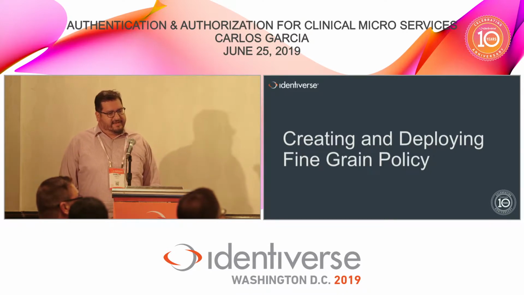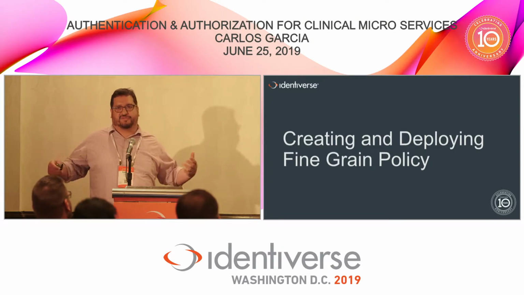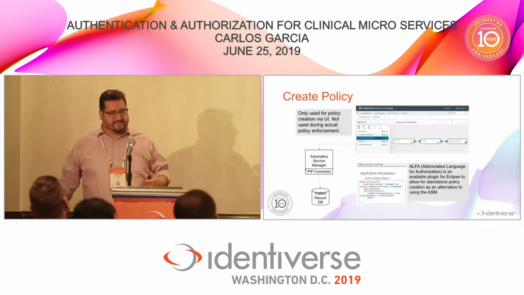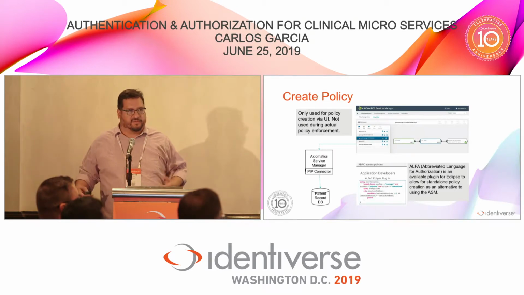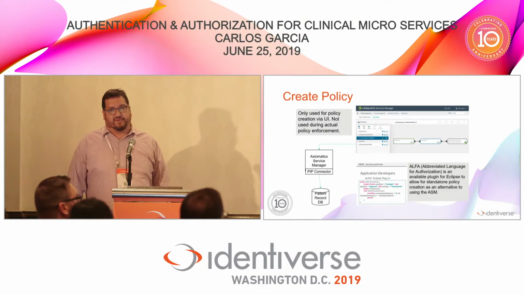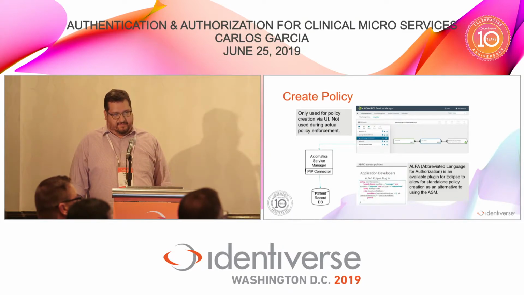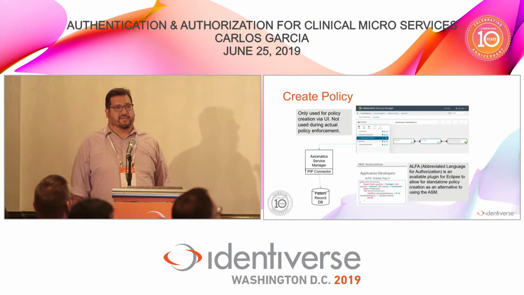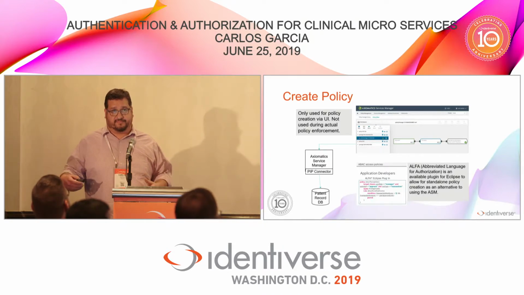So how did we create and deploy the fine grain policy? Now, getting more into this microservices world, how did we do this? Creating the policy is very similar to how we would do it in any other type of deployment. From the point of view of Axiomatics, we used both the UI, the service manager, and later on started playing with the alpha, but basically to write out what the policy would be like.